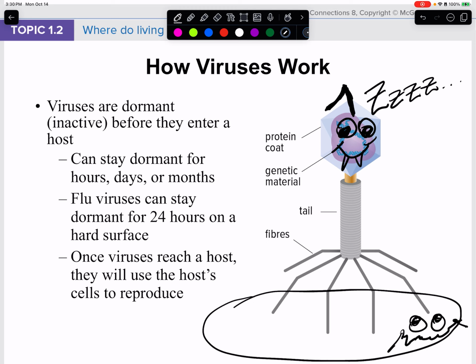Once they notice something that they can affect, they'll go after it. But the viruses can sleep for a very long time, lying dormant. That's what I mean by sleeping, right? Like sitting on door handles, for goodness sake, or flowing around in your digestive system, right? You've got E. coli in your digestive system.